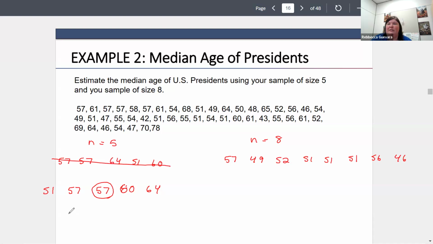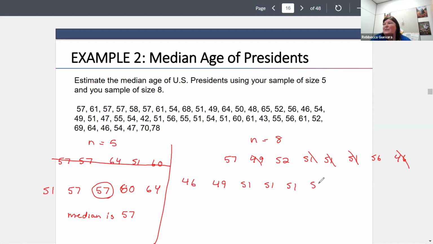So we see here my median for this one is 57. If I do this data over here, my smallest is 49. Then I have the 51s. Then, oops, I have a smaller one. There was a 46 in there, so it's right at the end. And then I have a 52, a 56, and a 57.